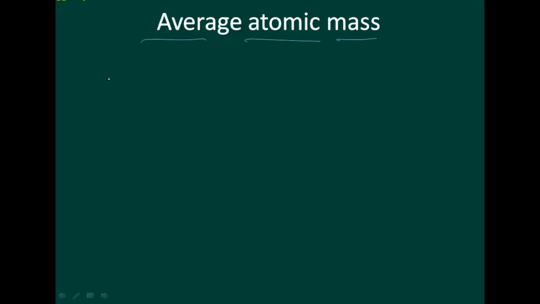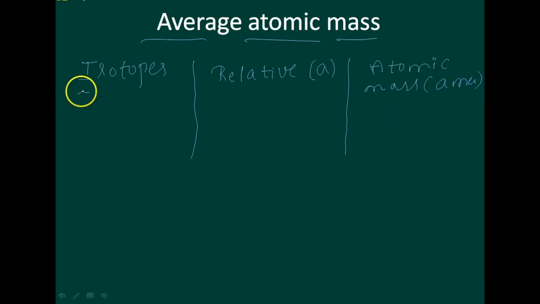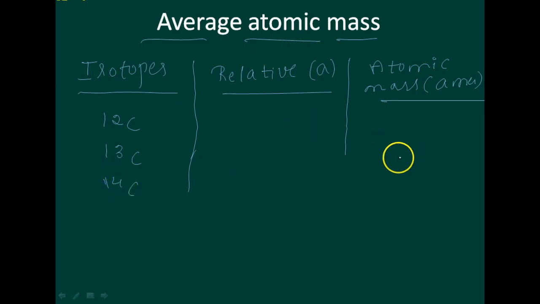How do we calculate average atomic mass? Consider the example of the isotopes of carbon, their relative abundance, and their atomic mass in AMU. The isotopes are carbon 12, carbon 13 and carbon 14.